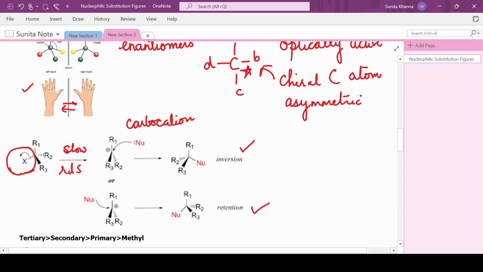If the attack is from the same direction from where the leaving group has left, it will result in retention, and if it is from the opposite direction, it will result in inversion. That means if the alkyl halide is dextrorotatory, 50% will result in retention and 50% will result in inversion. So they will cancel out each other, and the resultant product will not be optically active.